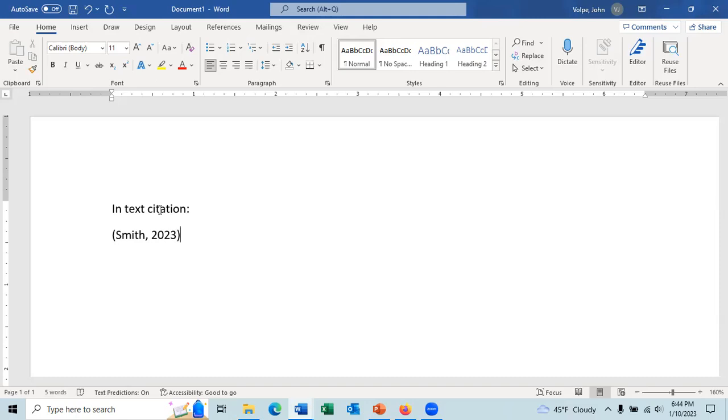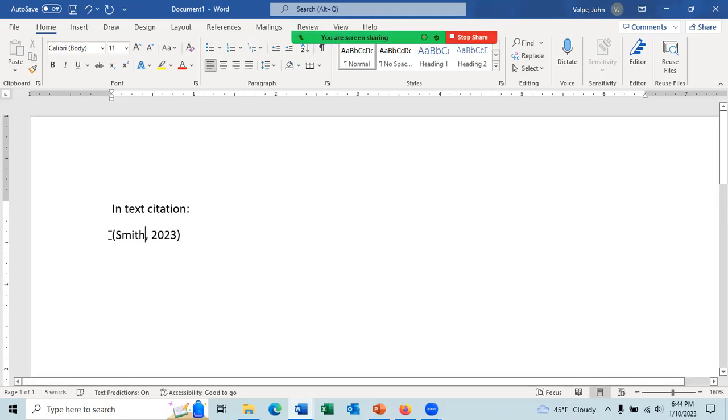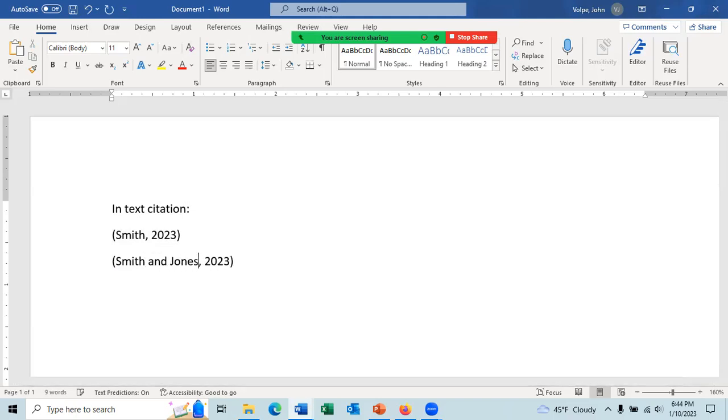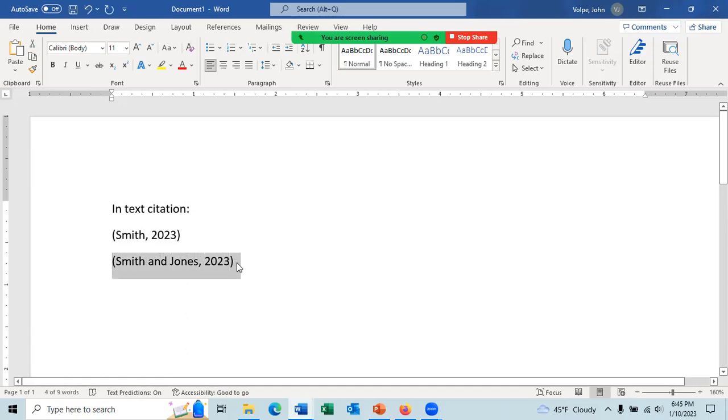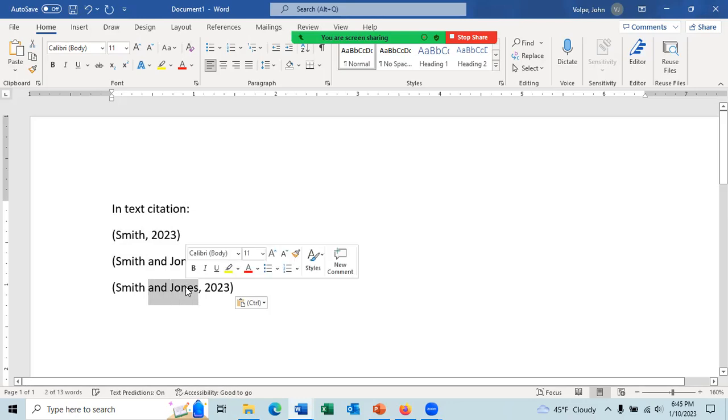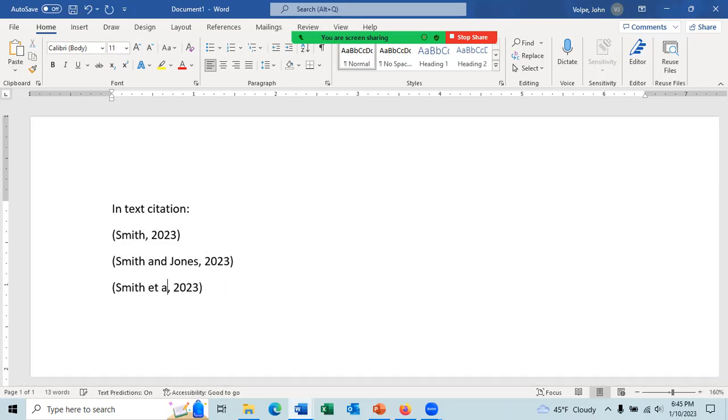Okay. And if it's more than 1 person, but only 2, it would be something like Smith and Jones, 2023. If it's 3 people, you then, for the in-text citation, go like this. You can use the abbreviation for the in-text citation if it's 3 or more people.